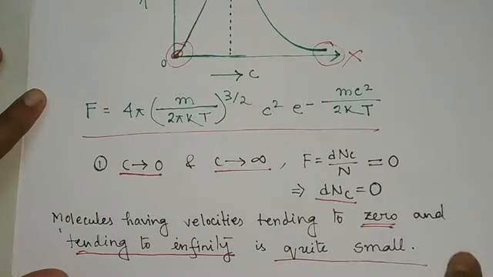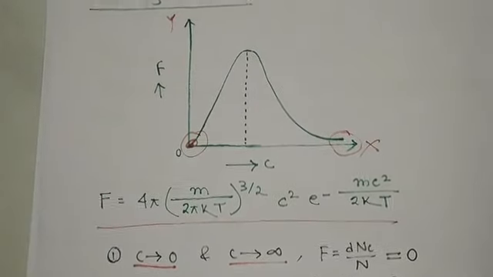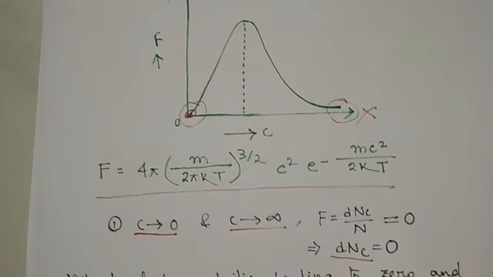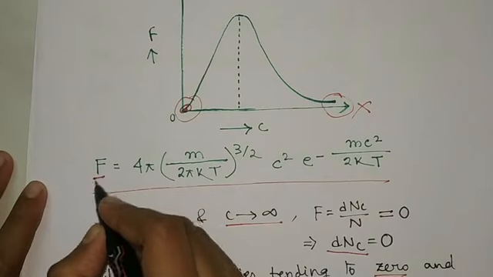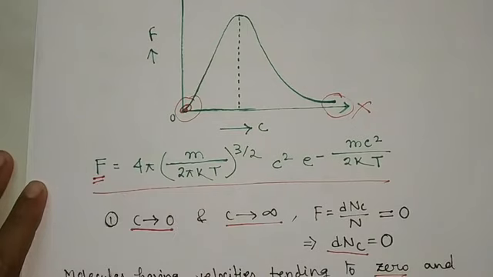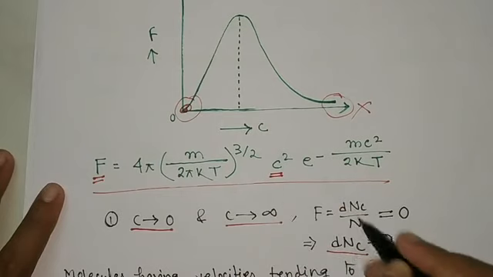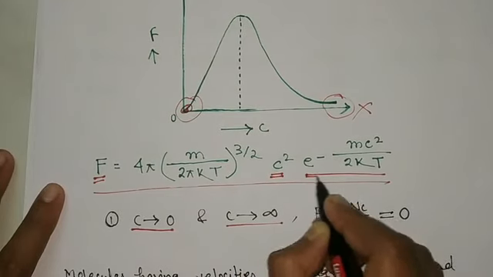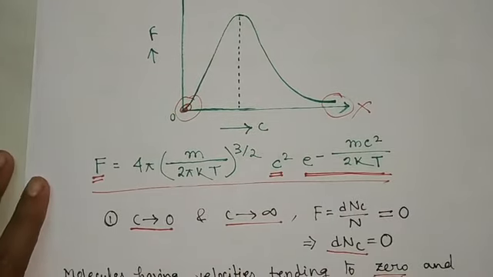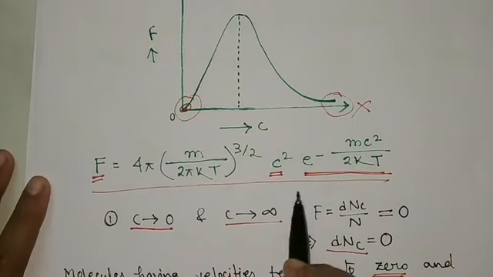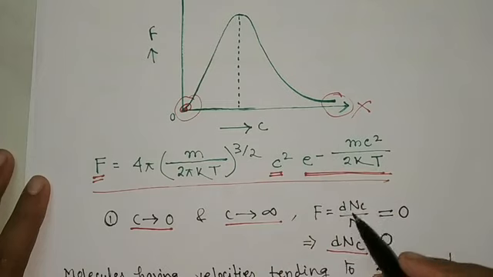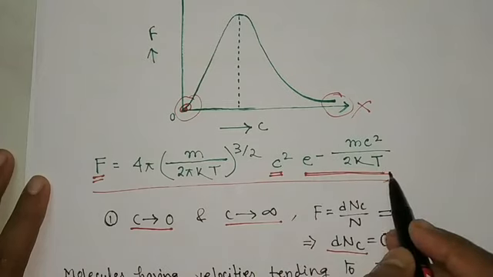Okay. Now you see, if you look at this expression, the distribution function depends on two terms involving c. One is c square, another is e to the power minus m c square by 2kT. So as the velocity c increases, c square increases, but this exponential term decreases.